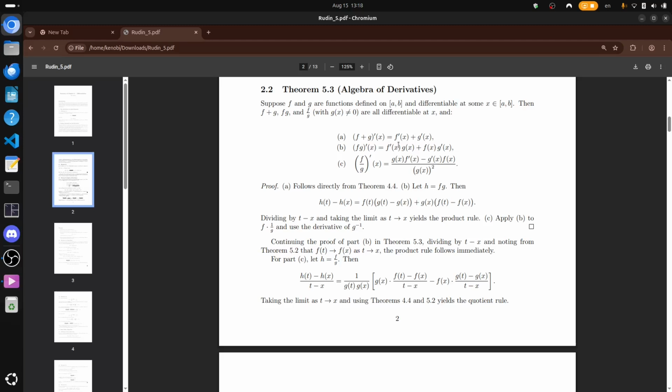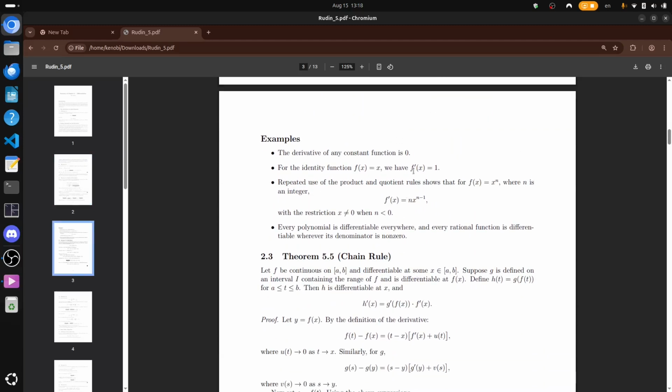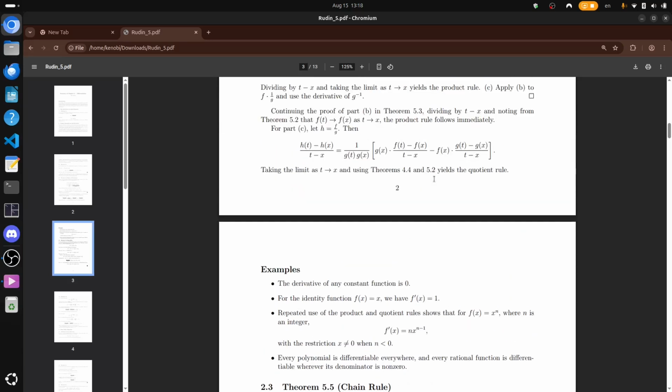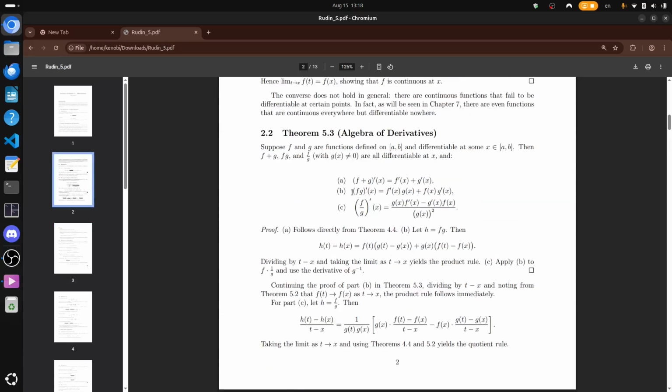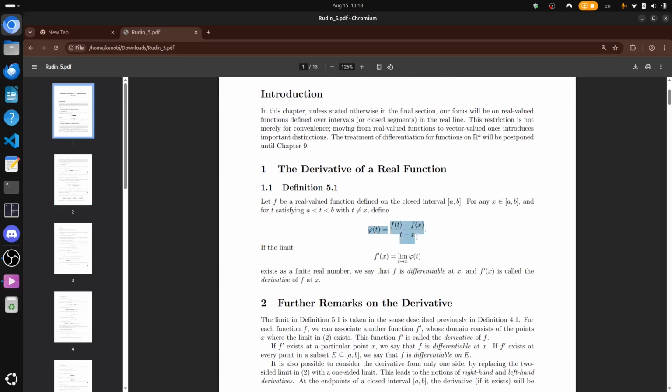For the identity function f of x equals x, we have f prime of x equals 1. And that's pretty straightforward if you take x times 1 over here, so you're going to get x prime. Okay, no, not really. But the way you can show that it's 1 is to just take the definition of the derivative itself, right?